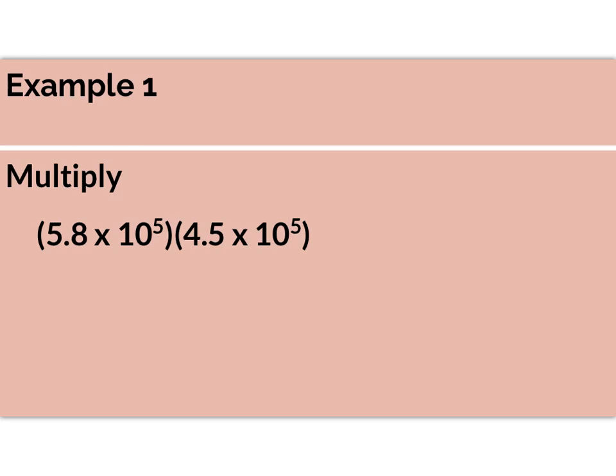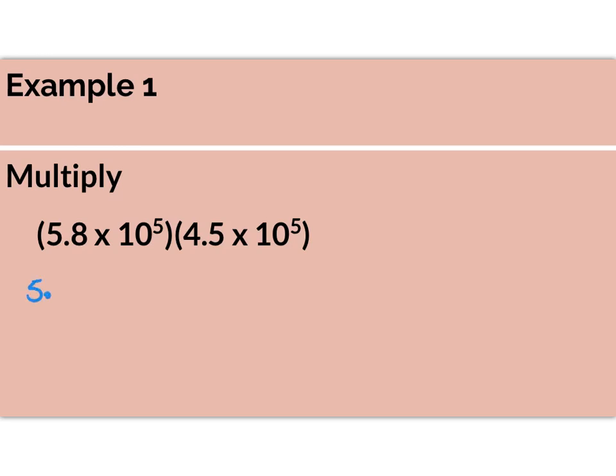Now, the buttons I want you to pay attention to are the buttons that say double E. On the TI-84, the EE is over the comma. So you're going to have to hit the blue button that says second and then hit the comma and you'll see EE.